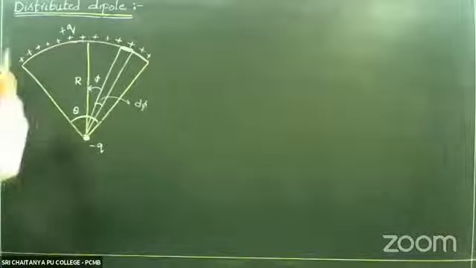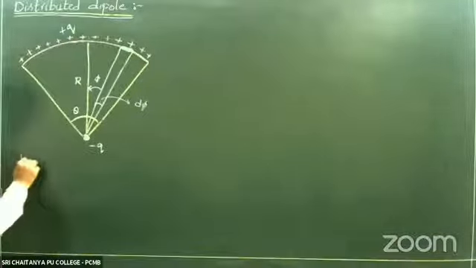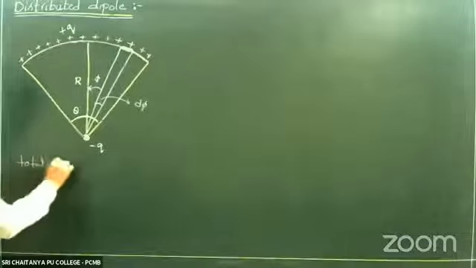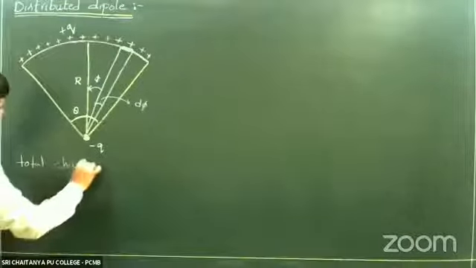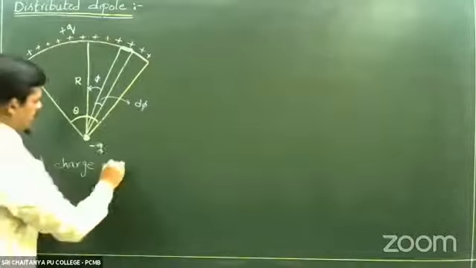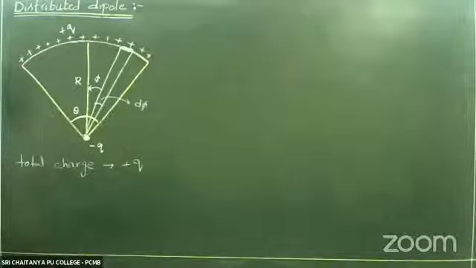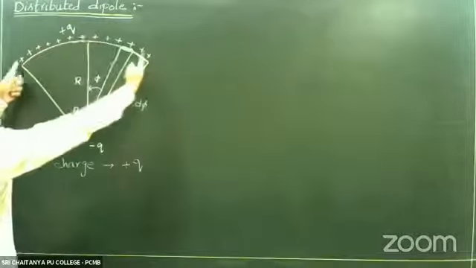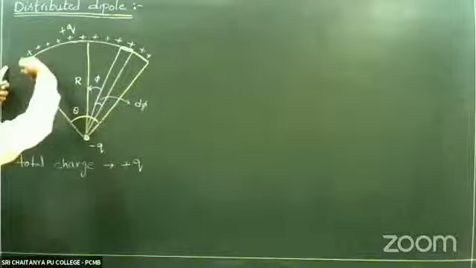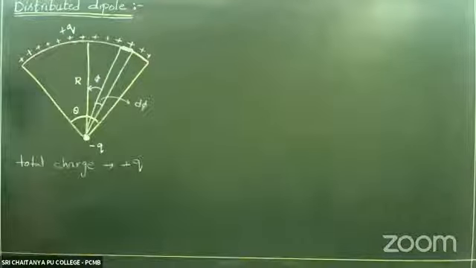Let us see what the total charge is. Here the total positive charge plus q is distributed on this arc making an angle theta at the center.